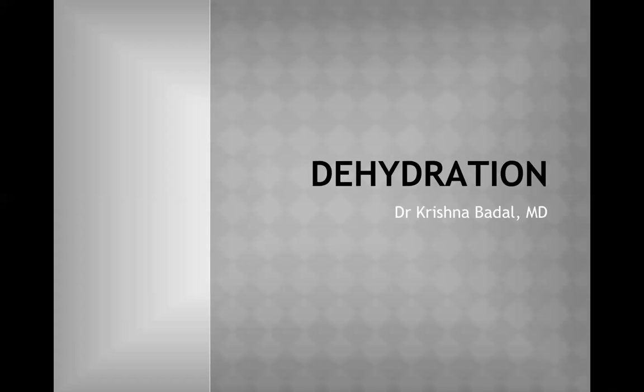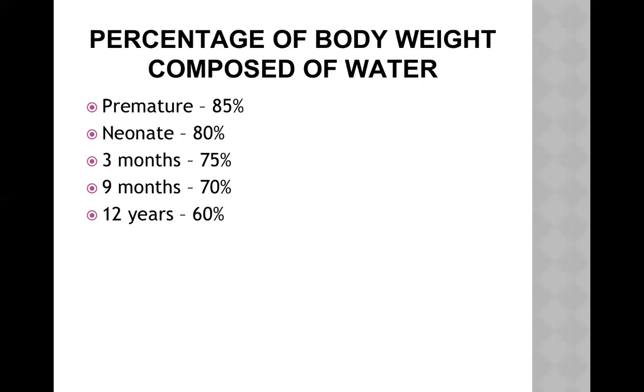Now let's move into the topic. Before we go into the pathological aspect, let's talk about some physiological aspects of this topic. What is the percentage of body weight composed of water according to the age group? In premature babies or infants, 85% of the body weight is composed of water. 85, that's a big percentage.